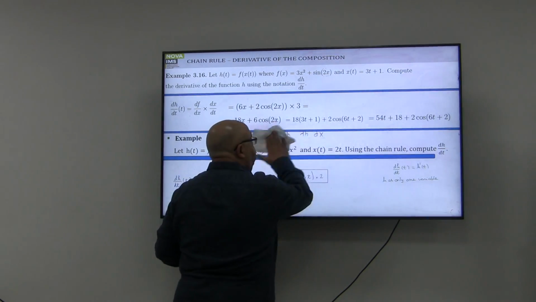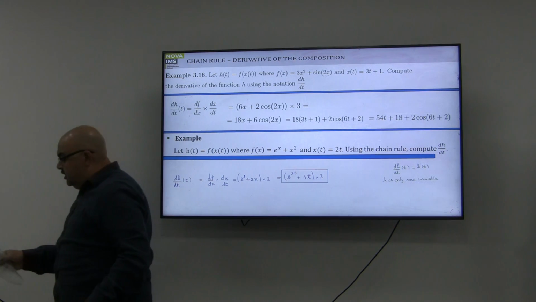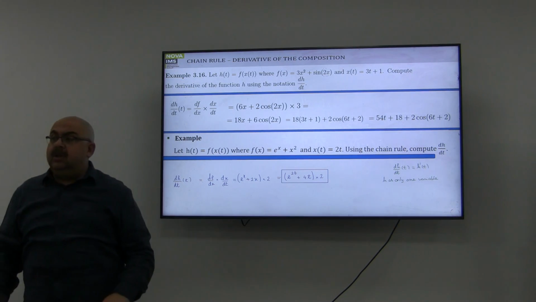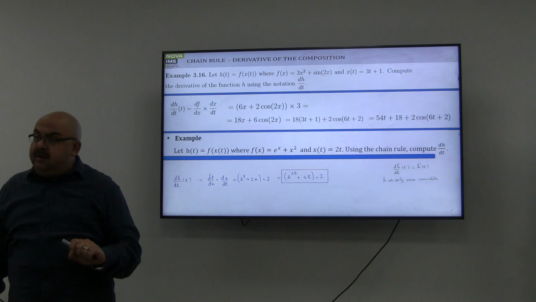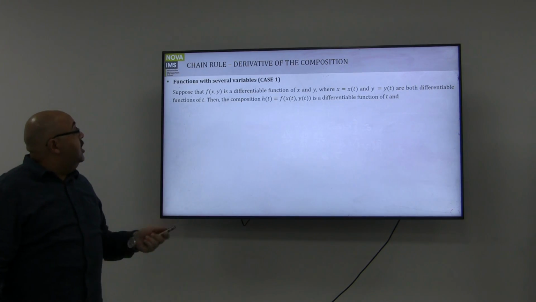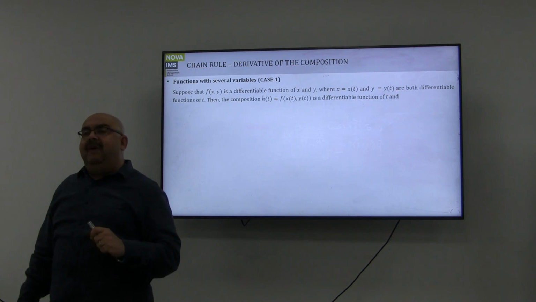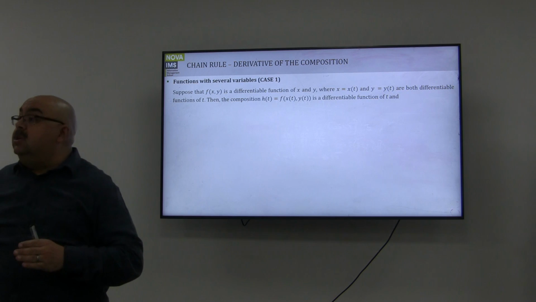This is the rule if you are doing a total derivative, as you can see. As h is a function in just one variable, and in the same way the inner function is also a function in one variable. Okay, functions in several variables. In this case, I will have plenty of cases.